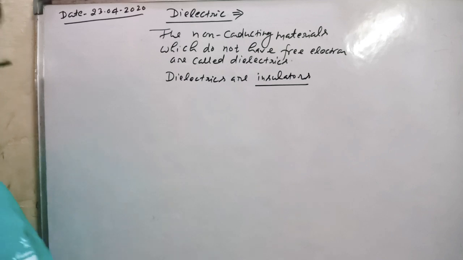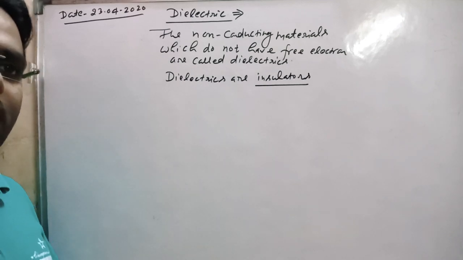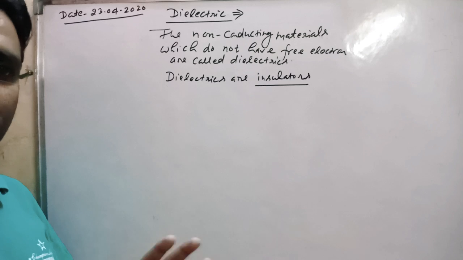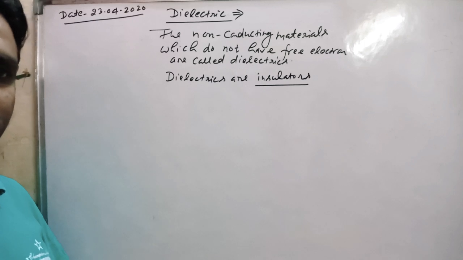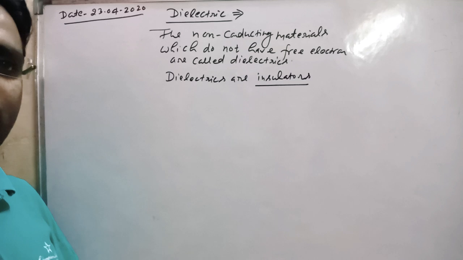When a dielectric is placed in an external field, then it gets polarized. Polarized means the centers of mass of positive and negative charges of molecules are separated. That means each molecule of a dielectric behaves like an electric dipole.